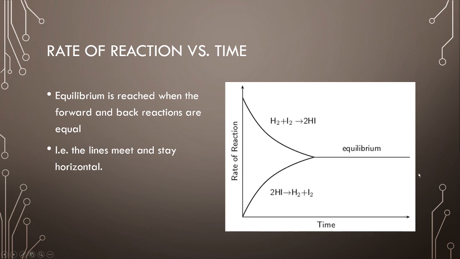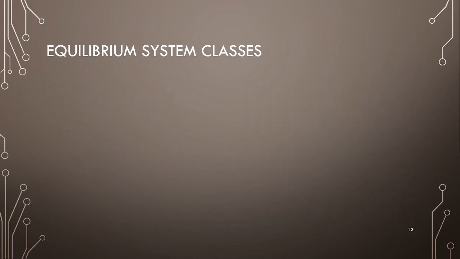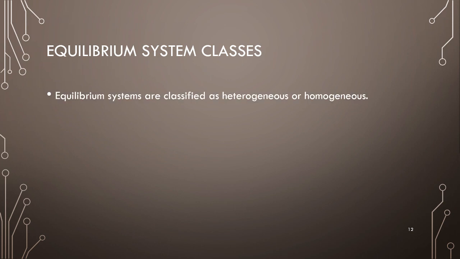So the lines meet and stay horizontal after that point. Okay, now classification of equilibrium. This is more for background info. Just wanted you to know the difference between heterogeneous and homogeneous systems.